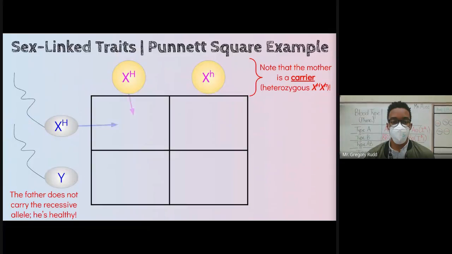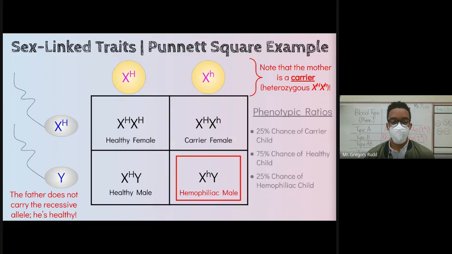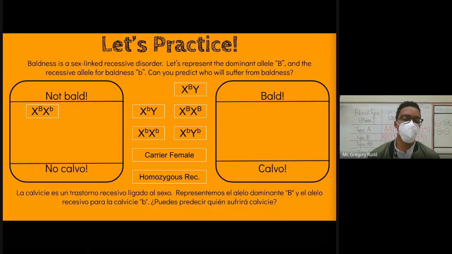So let's take another look at this. That very first one we already did, that's not bald, because what would that person be considered? X capital B, X lowercase b.